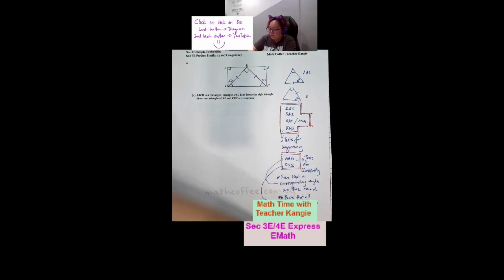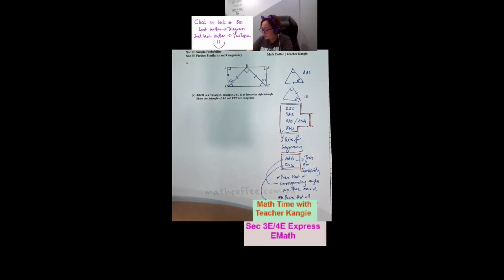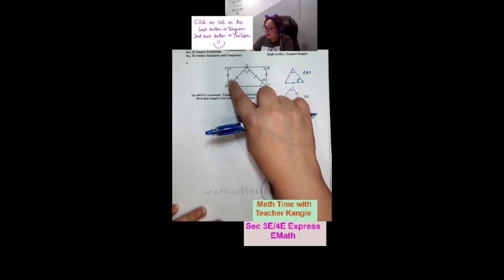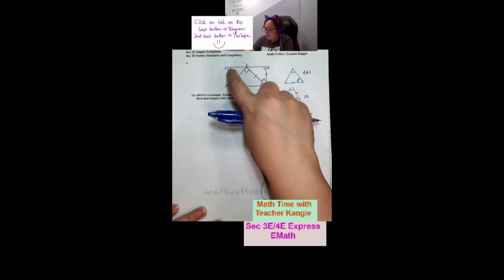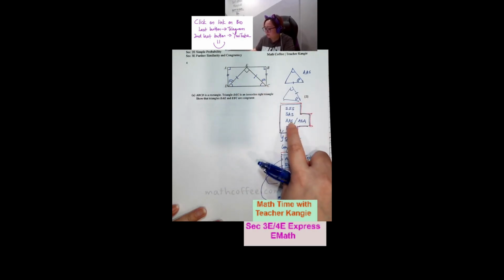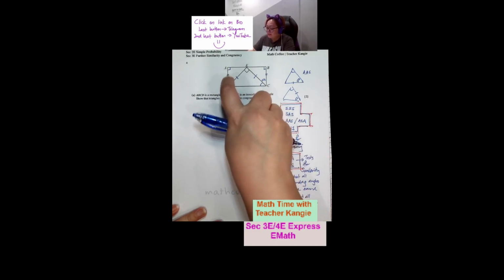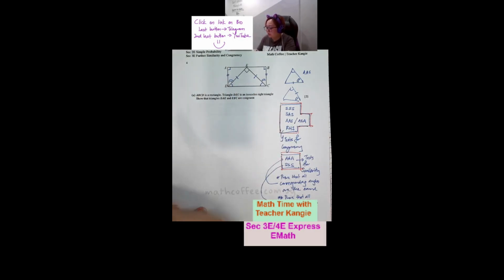Or I can also have one more piece of information. Because it's a rectangle, this side and this side are also the same. So this one, I can have AAS. I also can use SAS, or you want to say ASA also can. So actually in this question, you can say SAS, AAS, or ASA.